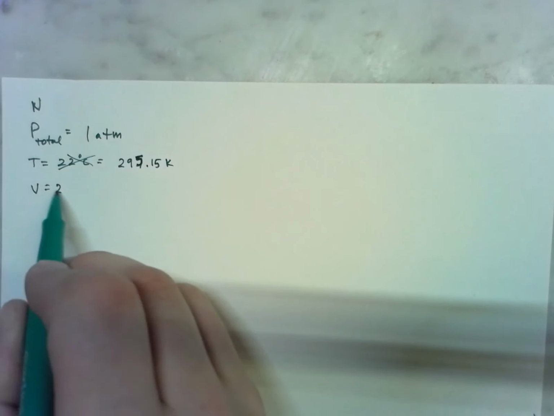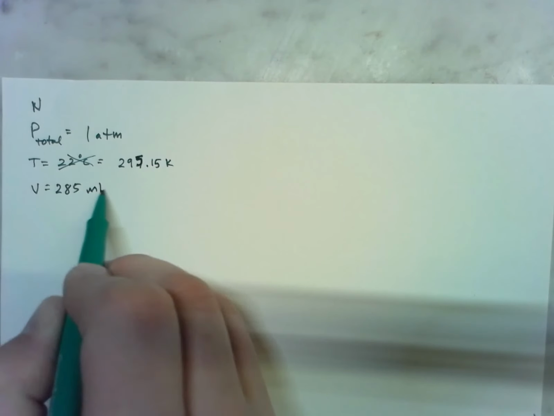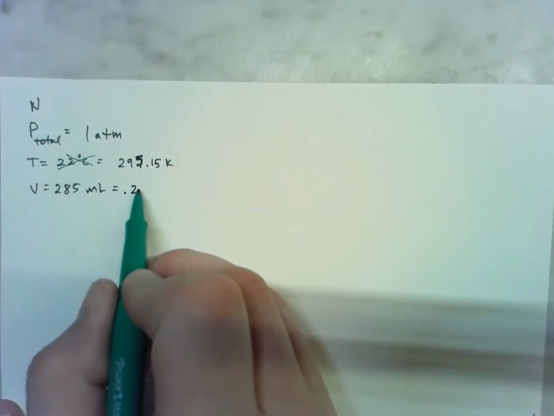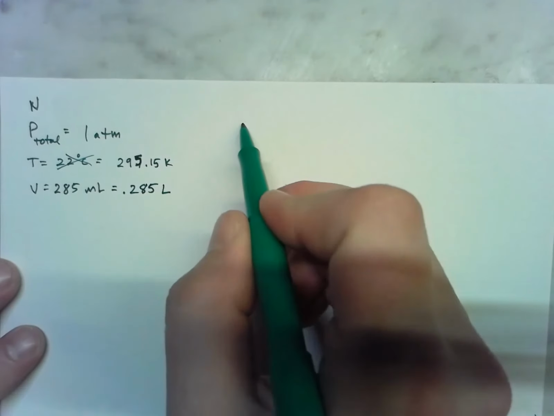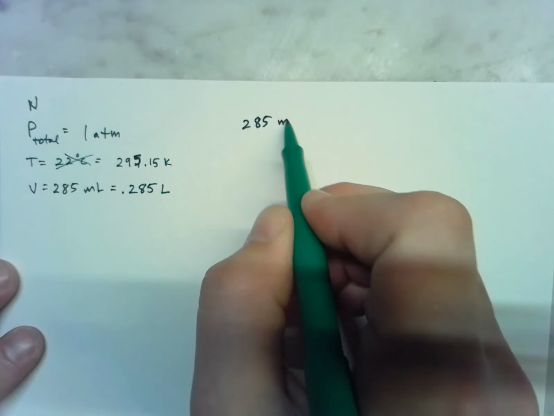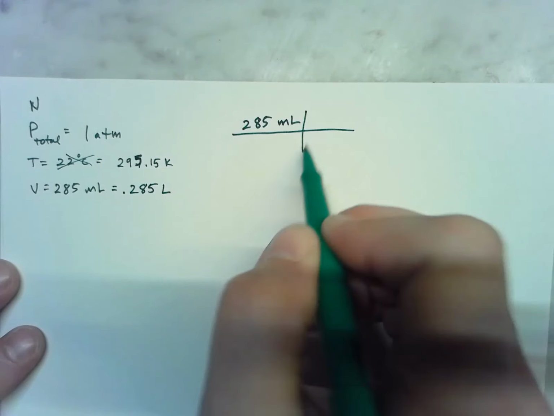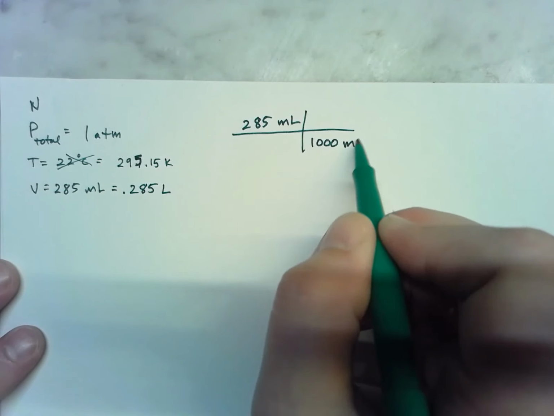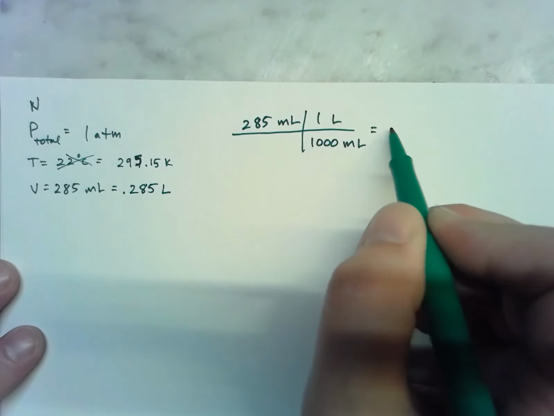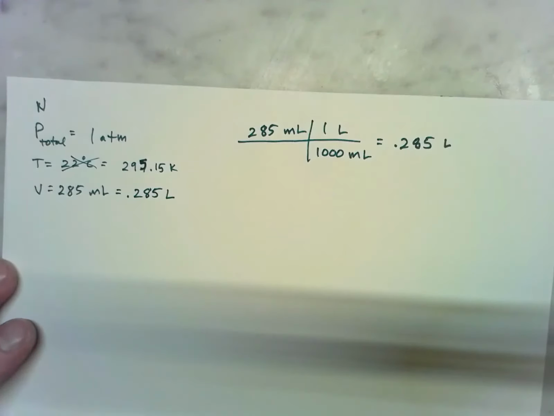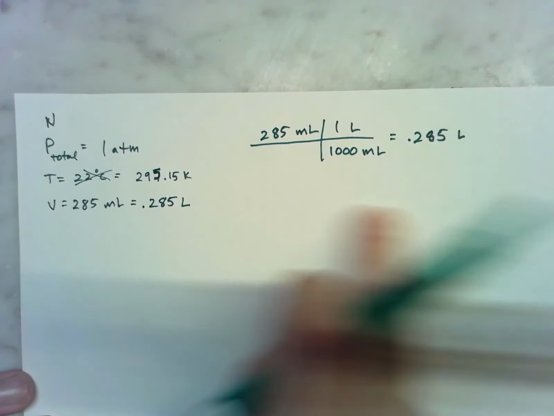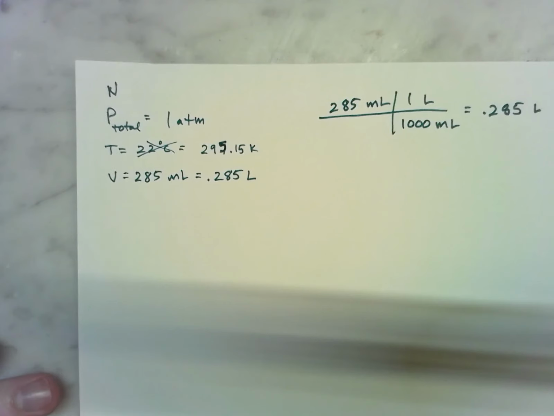Volume is 285 milliliters. Well, we can't do anything with that. And of course, if you need to, you can convert the 285 milliliters. So 1,000 milliliters is equal to 1 liter, and that's going to be equal to 0.285 liters. Okay. Do not be too proud to do this, guys. You get some wonky answers if you go the wrong way.